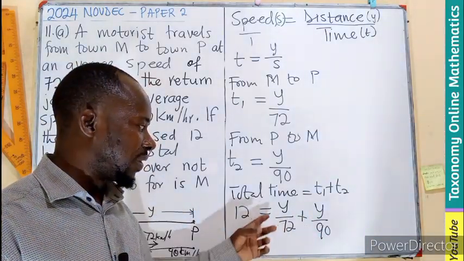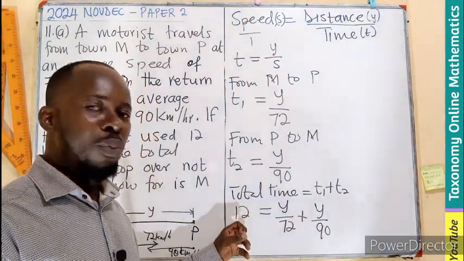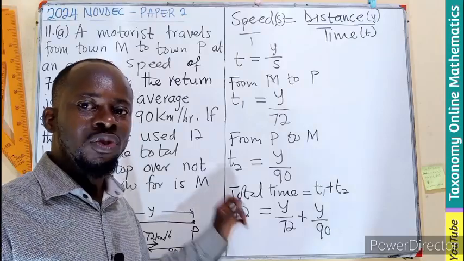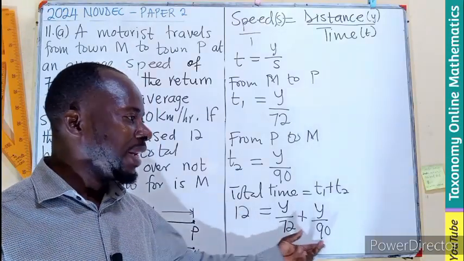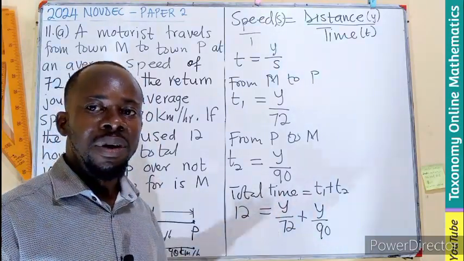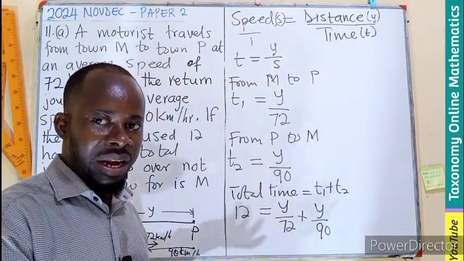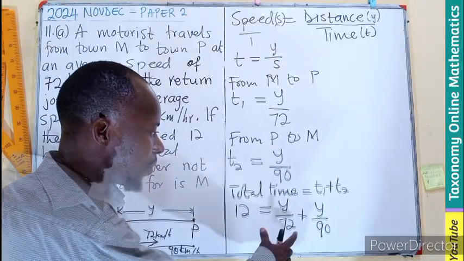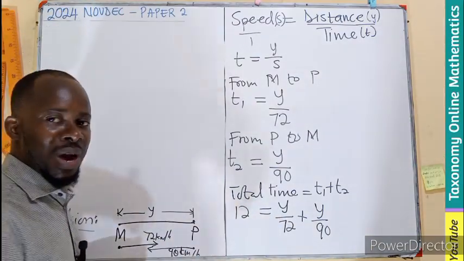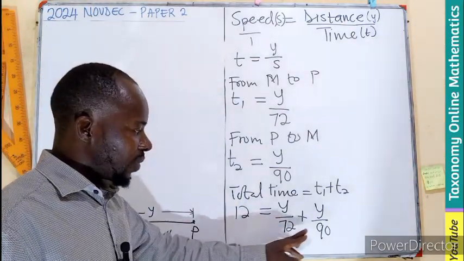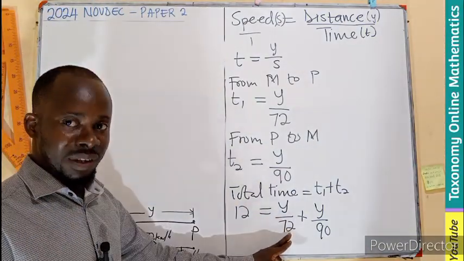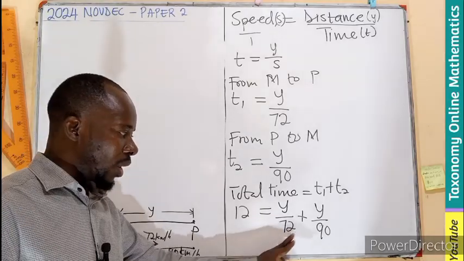So if we compute this by arithmetic, we are supposed to get exactly 12. So this becomes a linear equation that involves a fraction. What do we do? We find the LCM, multiply to clear the fraction, then we deal with the variable. So from here, we need to find the LCM. We know 9 can go into 72, but 72 cannot go there.